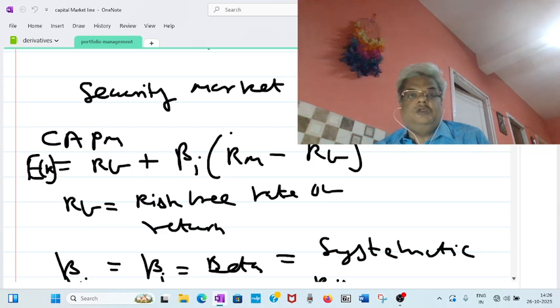Now, the nuance, the difference between capital market line and security market line is that capital market line considers total risk and total return, and security market line, represented by CAPM, considers the individual security and not the total risk but the systematic risk, which is known as beta. Here it is based on the proposition that because of diversification, unsystematic risk is reduced to zero, so we are left with only systematic risk, that is beta.